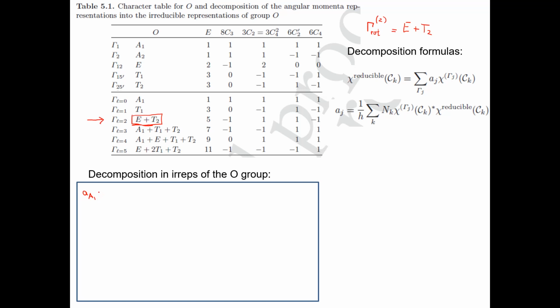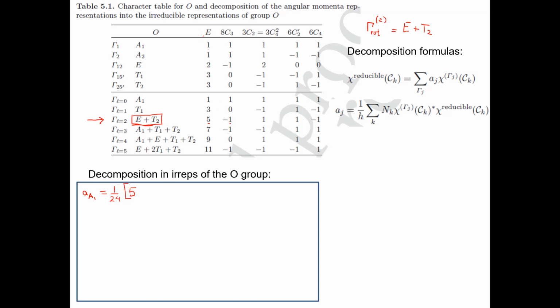So if you apply this formula, how many symmetry operations do I have? I have 24 symmetry operations for this group. So it's 1 over 24. And I apply this formula, so basically I multiply 5 times 1 times 1. So it's 5.